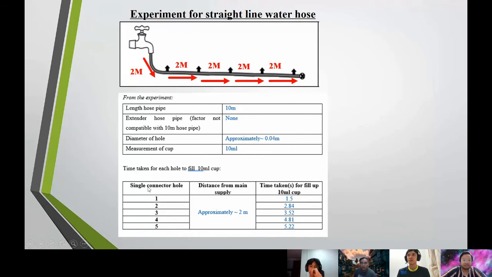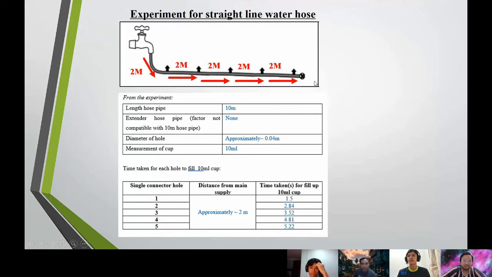From the data of the experiment, the distance from the main supply is approximately 2 meters for each single connector hole.